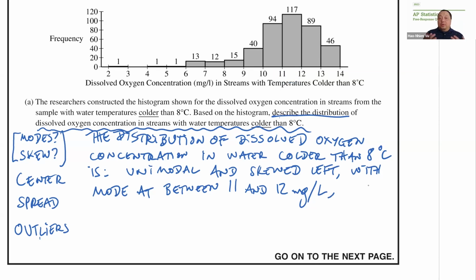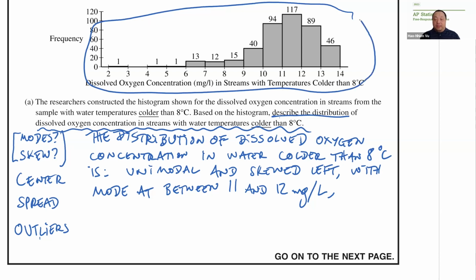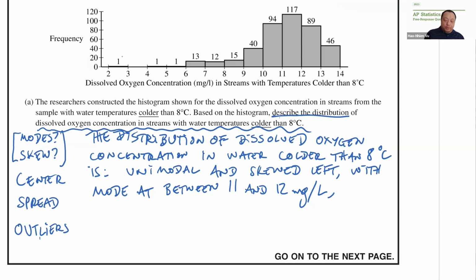All right, now for the rest of the center and the spread and outliers and all that, I can actually compute the mean and standard deviation by converting this histogram into a table. So for example, this bar right here, I would put it in a table of X and frequency of X as an X value of, well, it's anywhere between 2 and 3, right?